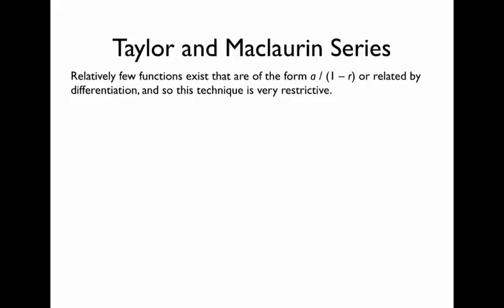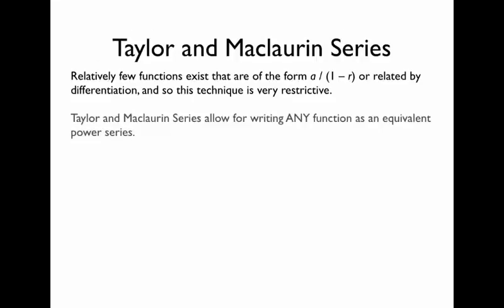Your problems have to be totally rigged, right? So this is a minuscule fraction of all functions. Ones that look like this or related by differentiation. So a Taylor and Maclaurin series allows for writing any function as an equivalent power series. That's a big thing.